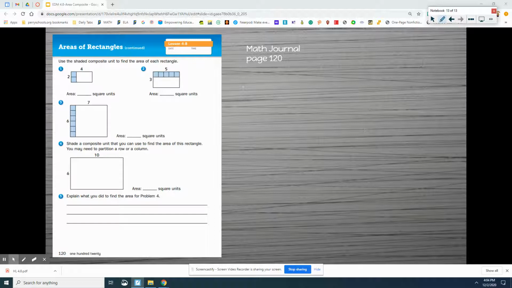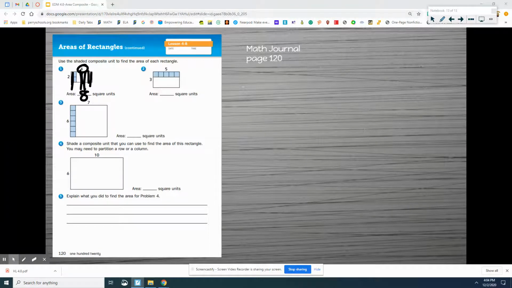So I know that I'm going to have 2, but I need to have how many groups of 2? Well, my long side says I'm going to have 4. So I'm going to have 4 groups of 2. So this one would be 2, 4, 6, 8. The area of this shape is 8 square units.